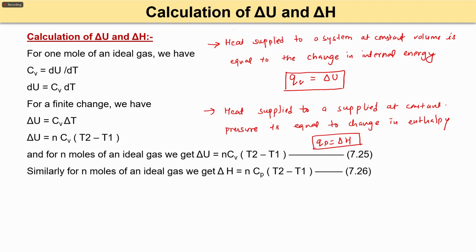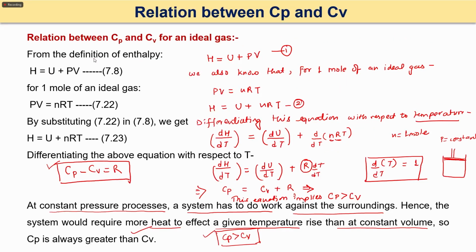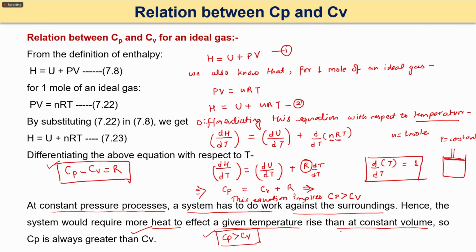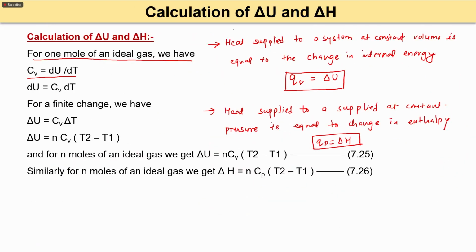Okay, so this will help us here. If we are taking 1 mole of an ideal gas, we have Cv equal to dU by dT and Cp equal to dH by dT. Okay, if Cv is equal to dU by dT, then if we calculate dU, what will it become?